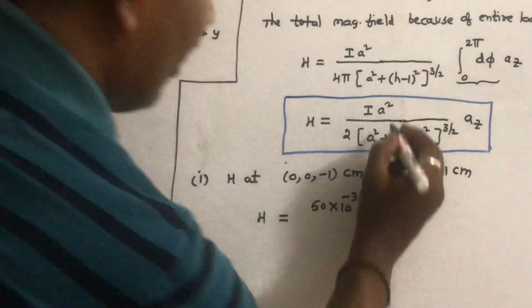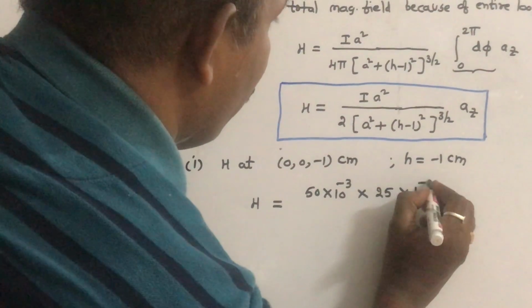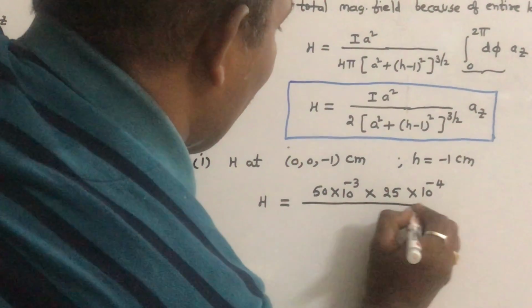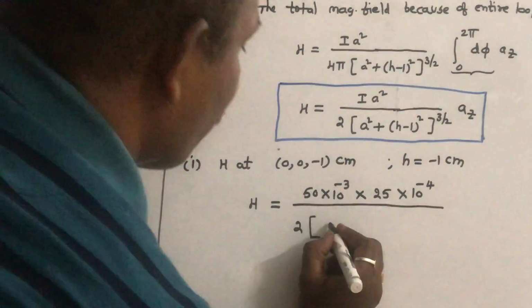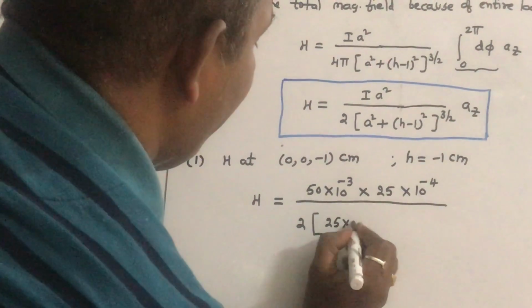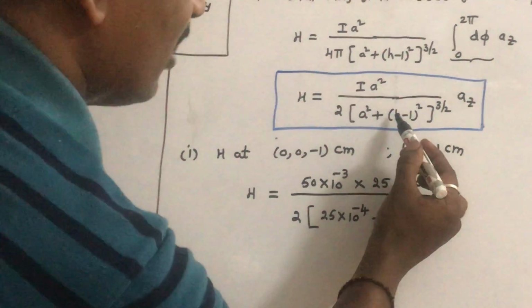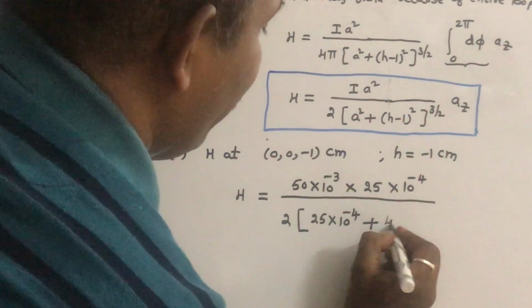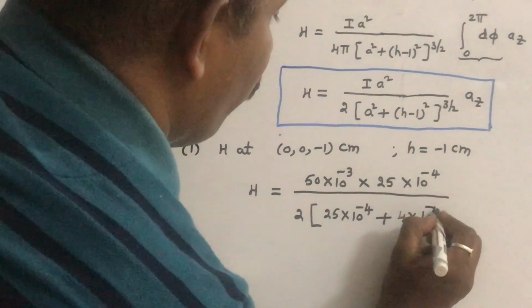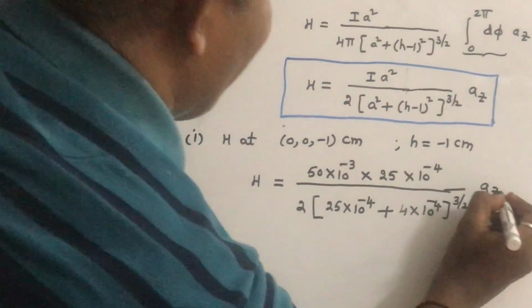Radius is 5 centimeters, 5 centimeters whole square, so this is 25 into 10 power minus 4, by 2 into (a square, which is 25 into 10 power minus 4, plus (h minus 1), that is minus 1 minus 1, minus 2 centimeters whole square, which is 4 into 10 power minus 4) whole power 3 by 2 into unit vector aZ.